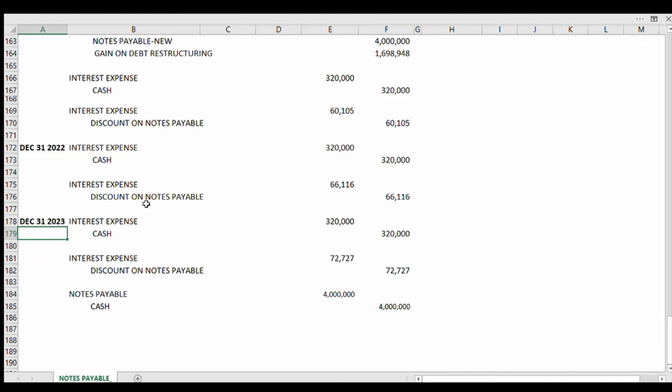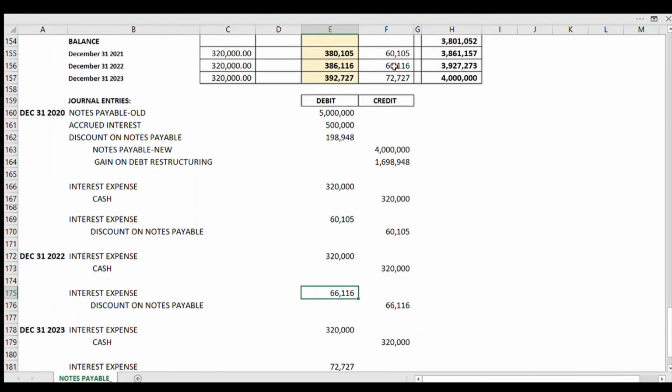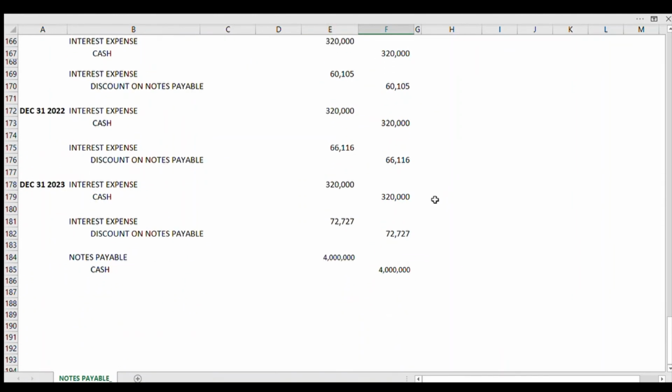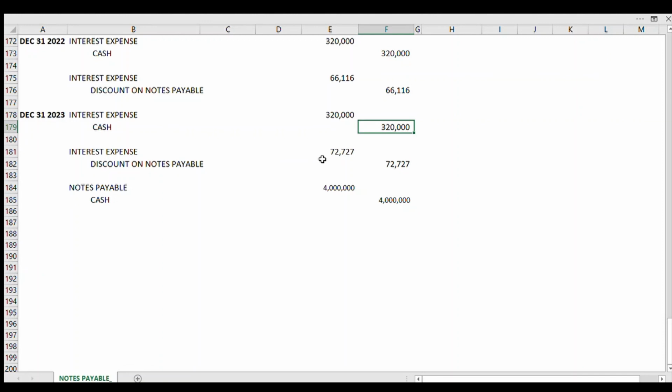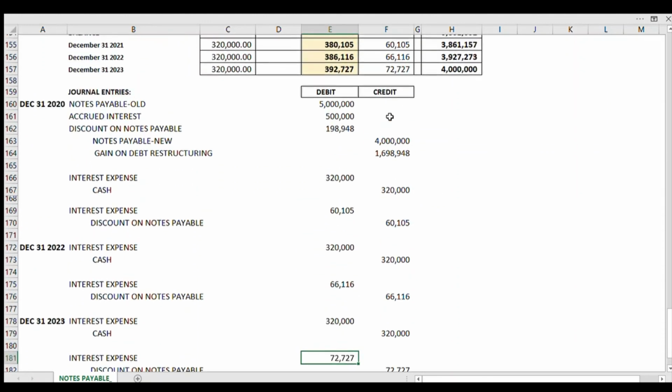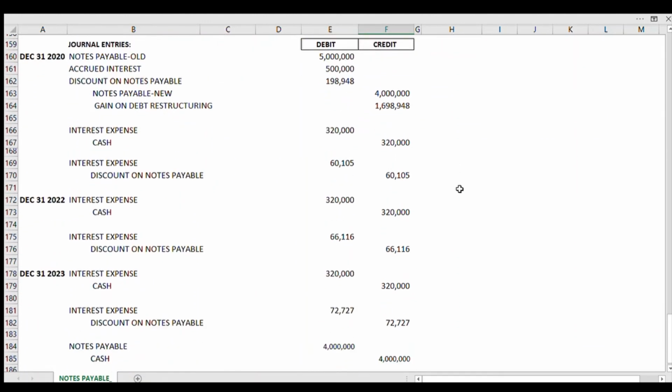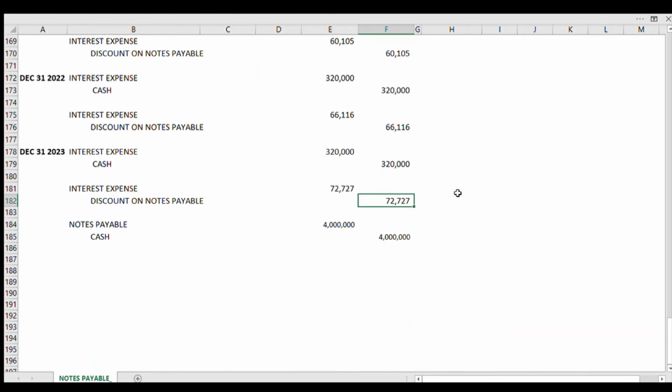Okay. So, for the second year, the same, 320, debit to expense and credit to cash. Interest expense for the amortization, 66,116. Ayan, makikita naman natin dito sa amortization table, and credit to discount on notes payable. On the third, again, payment of 320,000, expense and credit to cash. Then, amortization, 72,727, ayun, for the amortization and credit to discount on notes payable.